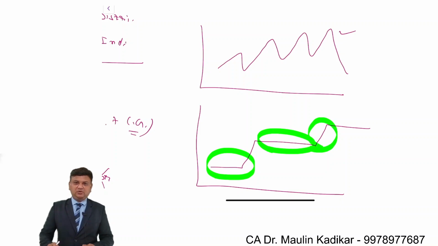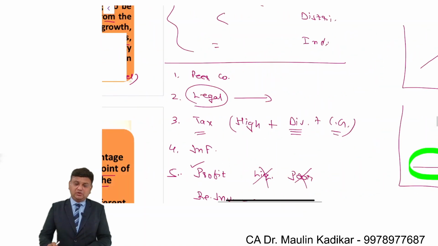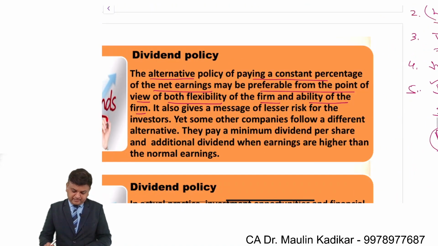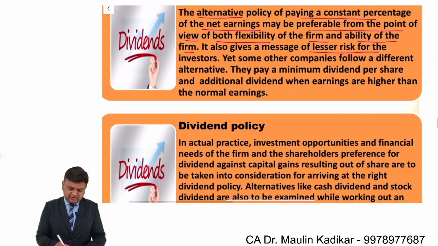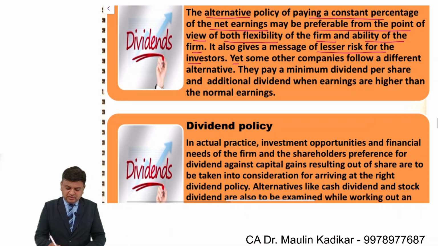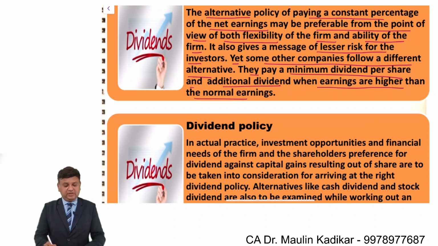Let's say you always have a policy that 50% of the earning is to be paid in the form of dividend. Then if your earning falls, the dividend amount will also fall down. It also gives a message of lesser risk for the investor. Yet, some other companies follow a different alternative. They pay a minimum dividend per share and an additional dividend when the earnings are higher than the normal earning.